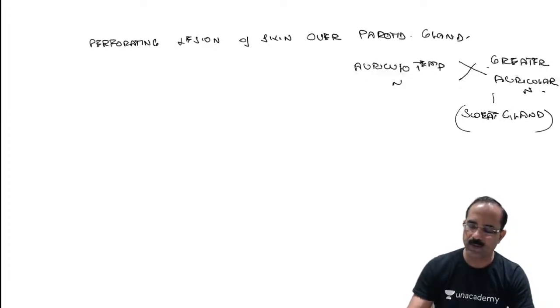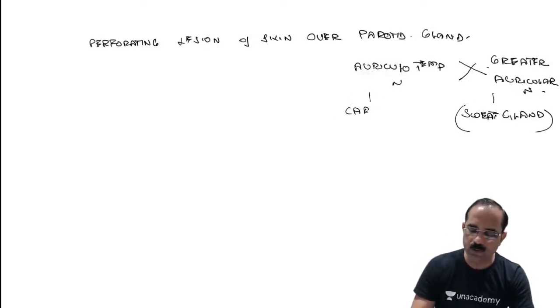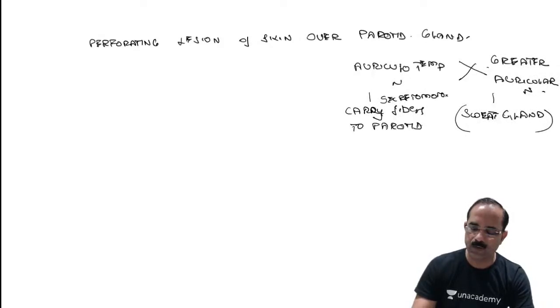They supply the sweat glands, and the auriculotemporal nerve carries the secretomotor fibers to the parotid gland.